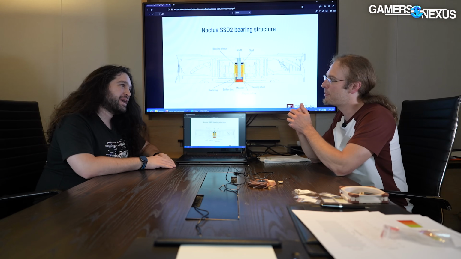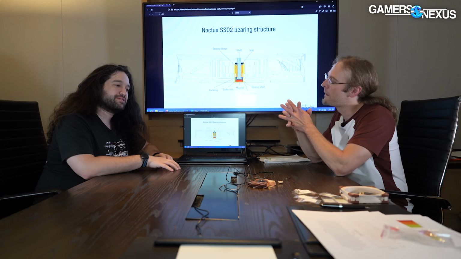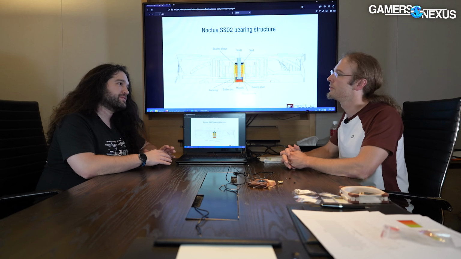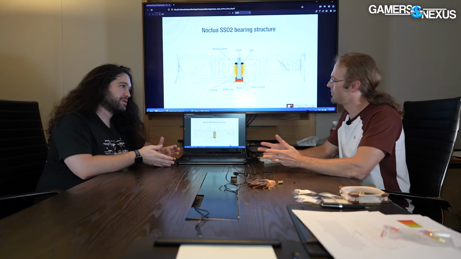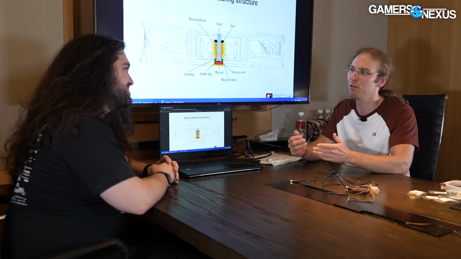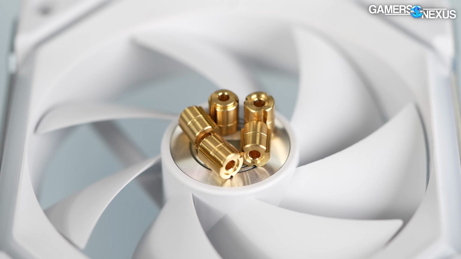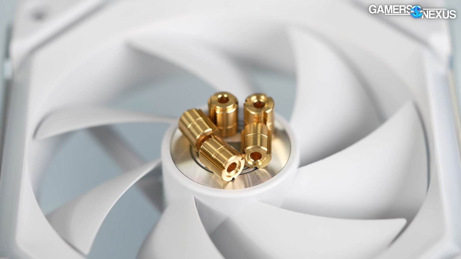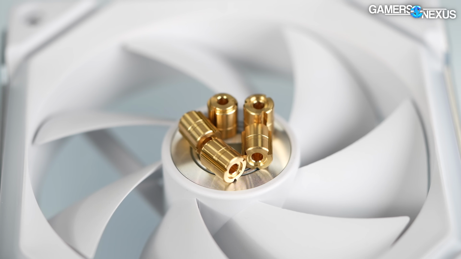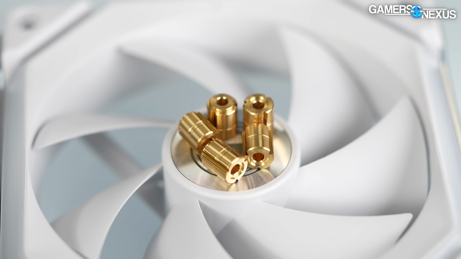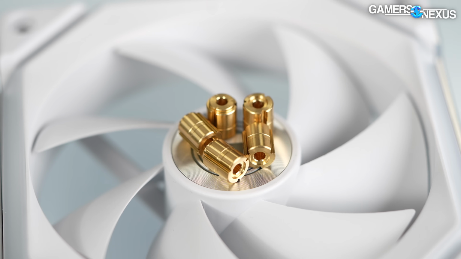Right. So how would you rebrand the industry's version of FDB, meaning with a V groove or whatever other type of groove? The herringbone spiral groove bearing or something like that. Sure. I think it's also important to keep in mind how many different versions of this are out there. At least as far as I can see, there's no single archetypal FDB patented by Matsushita or some other company.